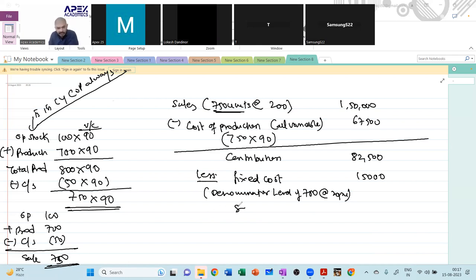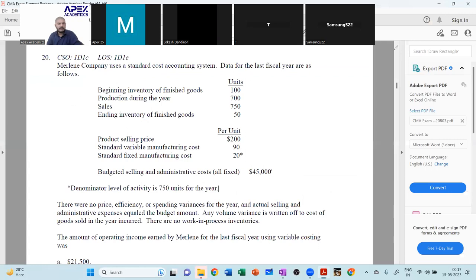And I have selling cost in this question. What is my selling cost? The selling cost can be clearly seen to be 45,000. I hope this is clear and logical to everybody.